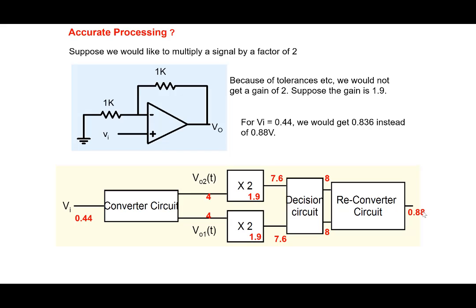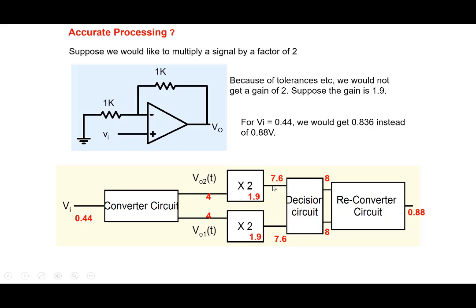But again, the moment we convert it into a digital signal, we have this property that, yes, the voltages will still get corrupted, but we can regenerate it back. So 7.6, we regenerate using a decision circuit because we are only working with discrete numbers. Our interest is in which digit a particular number belongs to.